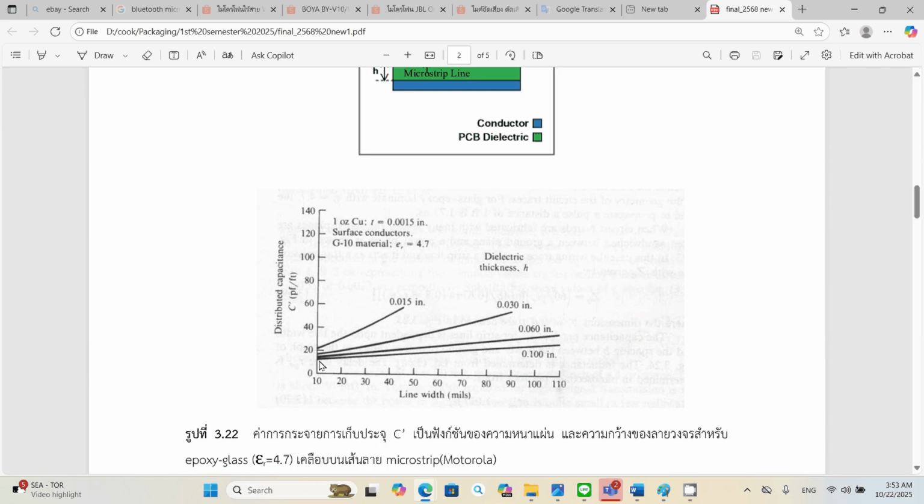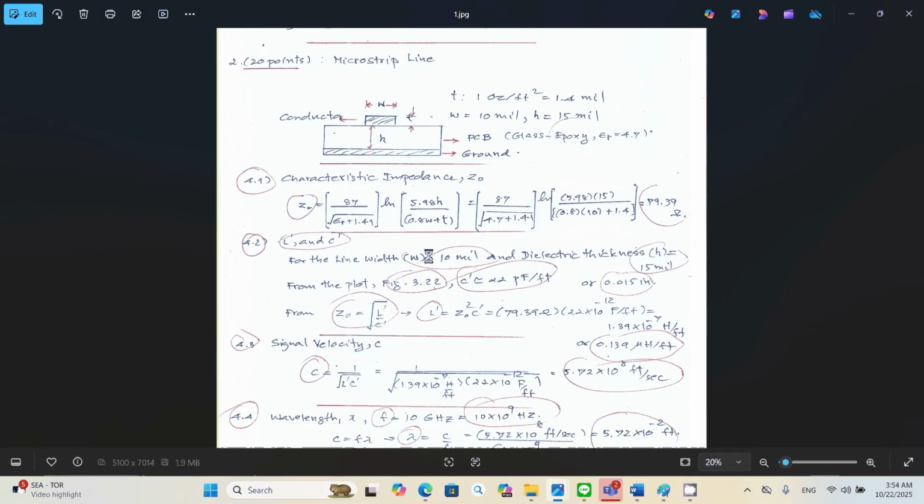So you have C prime approximately 22 picofarad per feet, and from the relation, your characteristic impedance Z0 equals the square root of L prime over C prime, and you can work this out. L prime simply equals Z0 squared times C prime.